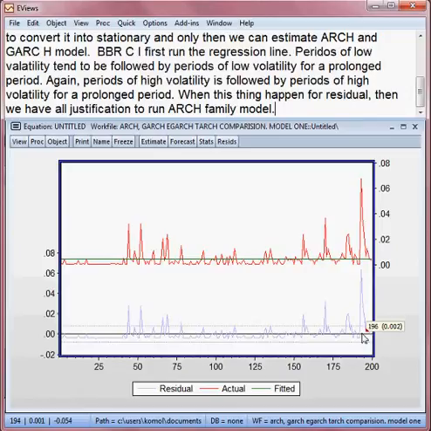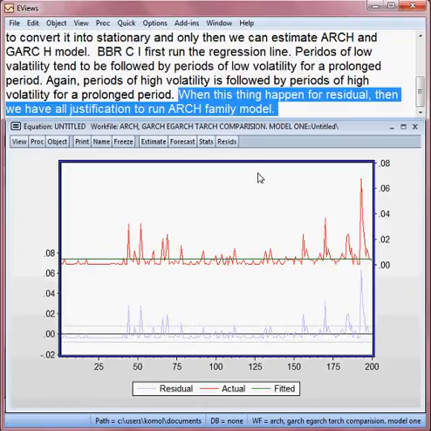When this thing happens for residual, then we have all justification to run ARCH family model. Okay.